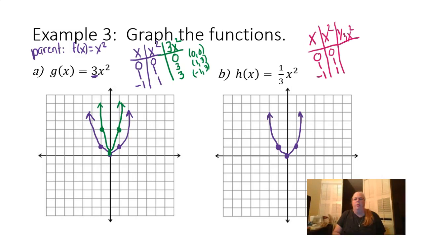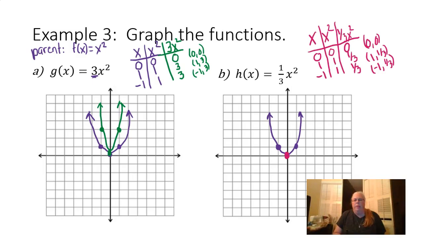All right, 1/3 times 0 is 0. 1/3 times 1 is 1/3. And 1/3 times this one is 1/3. My new function will contain the points 0, 0, positive 1, 1/3, negative 1, 1/3.